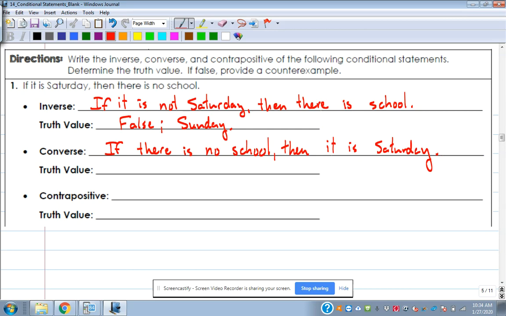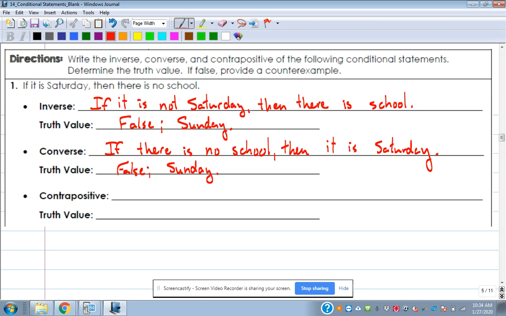Truth value: false. It could be Sunday, could be spring break, could be summer break. Any of those could be counterexamples for that.